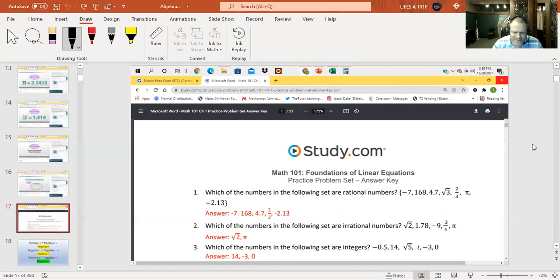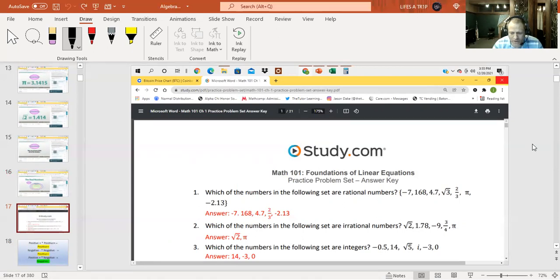So which ones are rational numbers? If you guessed -7, 168, 4.7, 2/3, and -2.13, you guessed correctly.